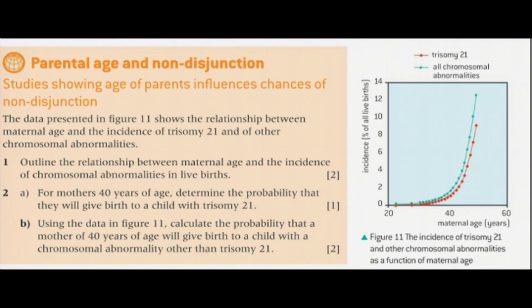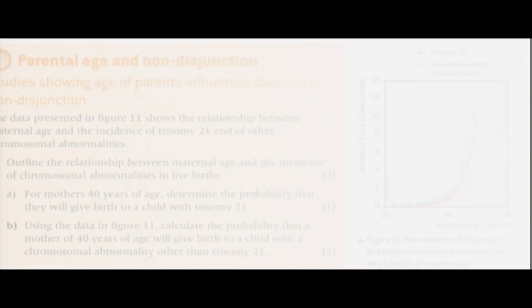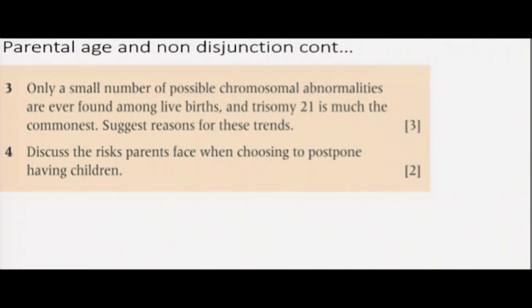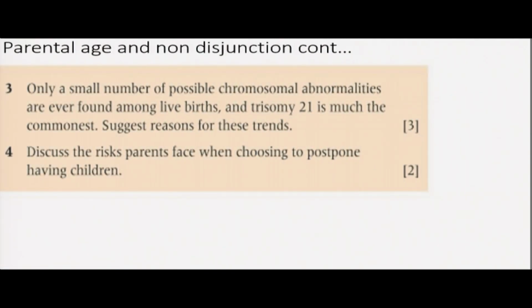Which takes us to the third part of the question as a continuation: from the graph we are seeing only a small number of possible chromosome abnormalities are ever found among live births, and trisomy is much the commonest. Can we tell why? Remember the other picture we looked at in the previous lesson?